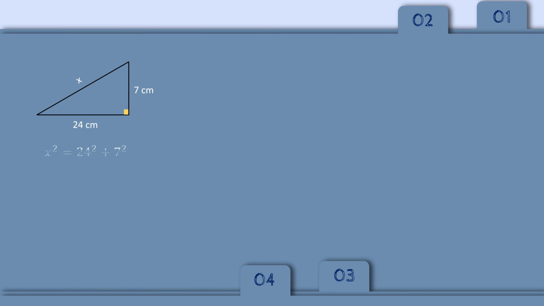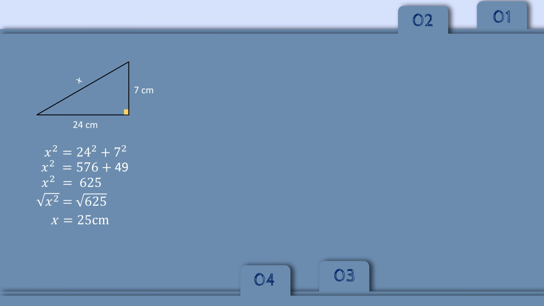According to the Pythagoras theorem, the square of x is equal to the square of 24 plus the square of 7. Their squares are 576 and 49 respectively. If we sum them up, we get 625. Since we need to find x only, we take the square root on both sides, which gives us 25 centimeter, the magnitude of the hypotenuse in this triangle.